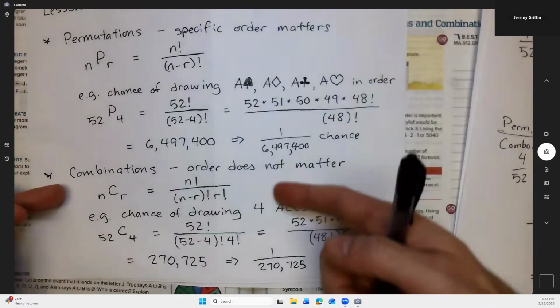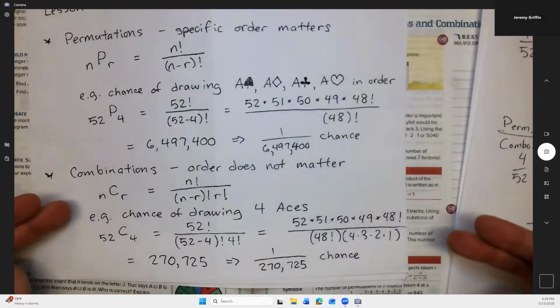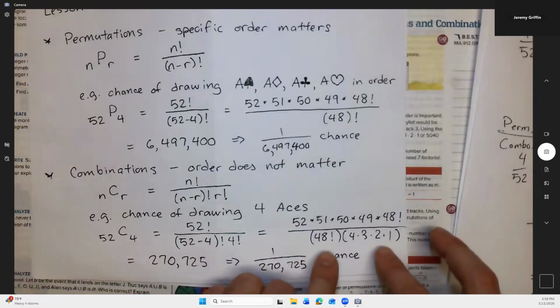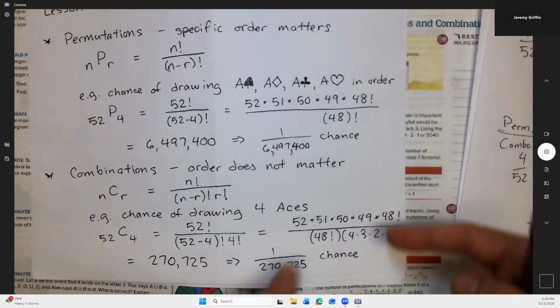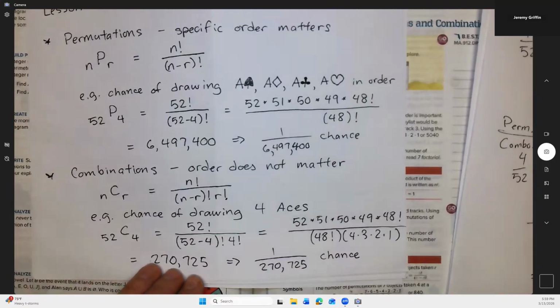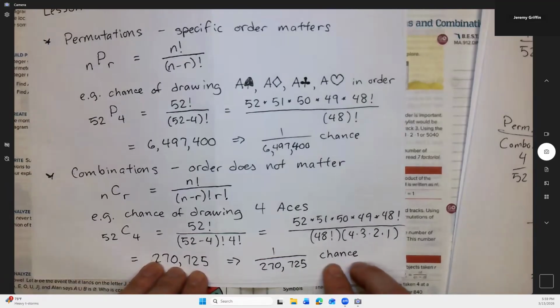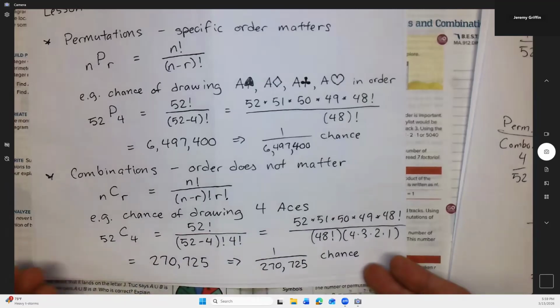How this is specifically set up is to say how many different combinations of four cards I could possibly draw, and then you multiply it out. A lot of the factorial cancels. This 48 factorial, 48 factorial cancels. So there are 270,000 some possible combinations of any four cards I could draw. So the chance of drawing specifically four aces, which is one of those possibilities, is 1 out of 270,000.